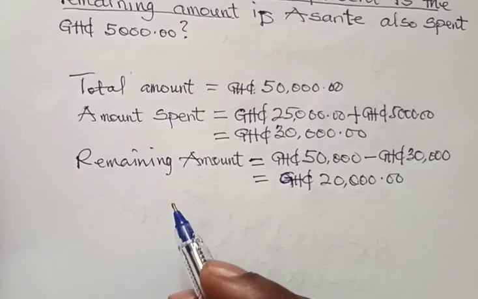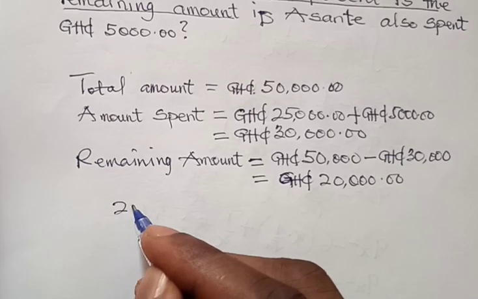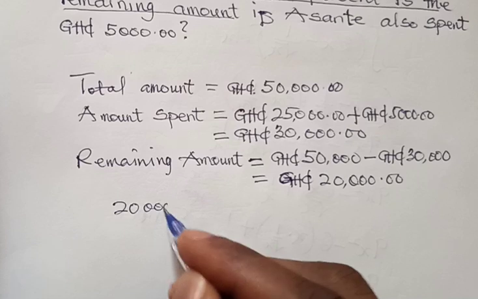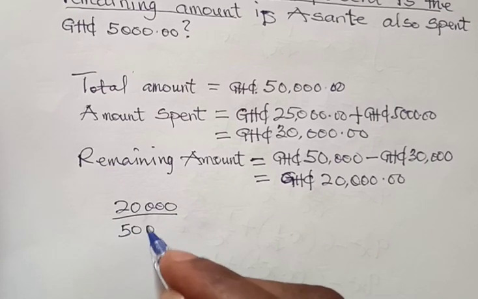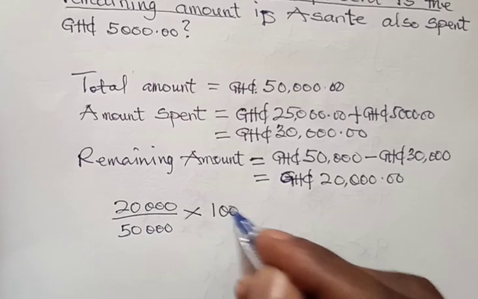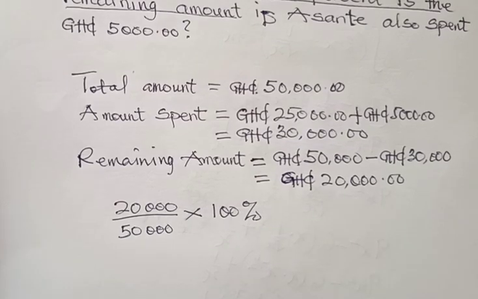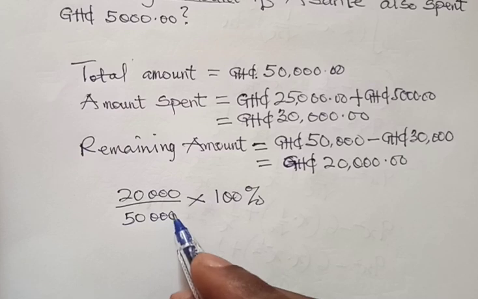Okay, good. So what we do is just 20,000 all divided by 50,000 times 100%. So this one is very basic, all right? Great. So since we have zeros here, we can cross this.